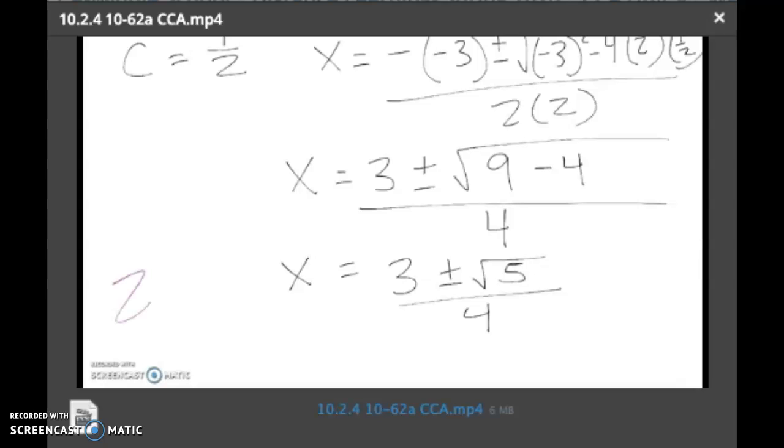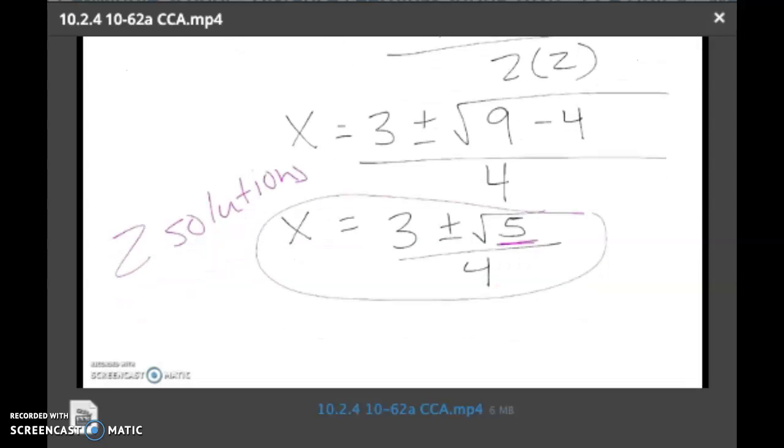So here it's 2 solutions. And notice that it's because I have this positive number under the square root. That's how I know I'm getting 2 solutions, okay? Because I have plus the square root of 5 and I have minus the square root of 5. So this is my exact answer.